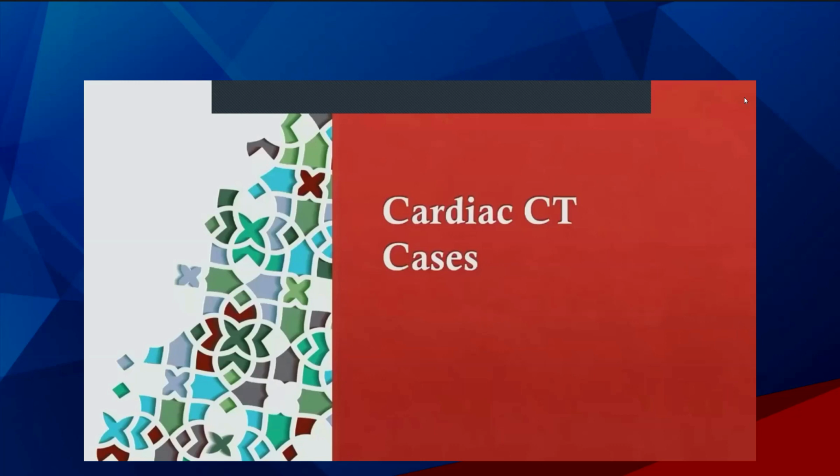Now, let's look at some representative cases obtained at our institution. The cases that you're going to see, in the majority, were obtained last week, so they are very fresh and representative of what we tend to do on a regular basis.